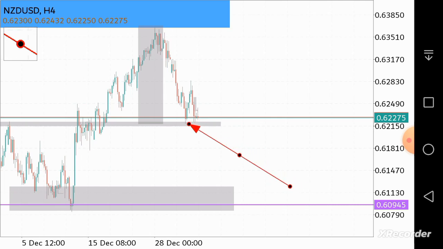Once the 4 hour candle breaks the zone, you wait for retracement and sell all the way to the zone. Okay, we want to see price break this zone and come all the way to the zone to gather momentum to push price upwards, maybe subsequently breaking this blue zone right here.